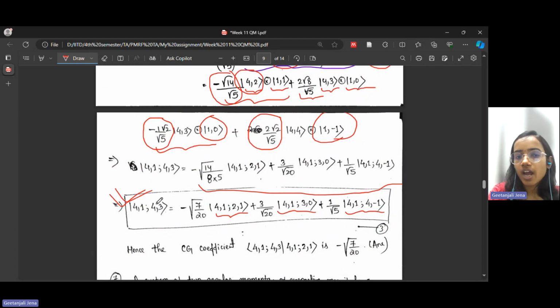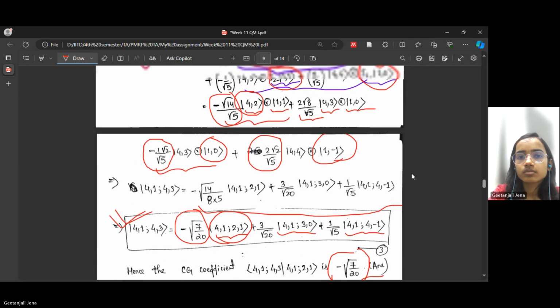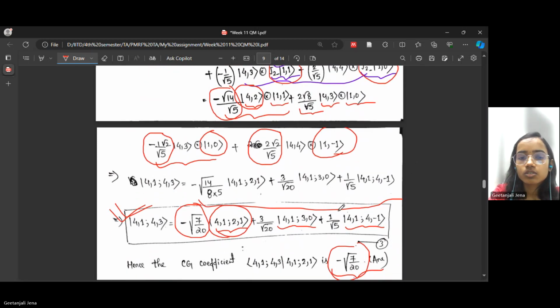So you just have to take the bra of this and take the inner product with 4121. 4121 is here. So the answer you will get is root of 7 by 20. This is the answer you will get.